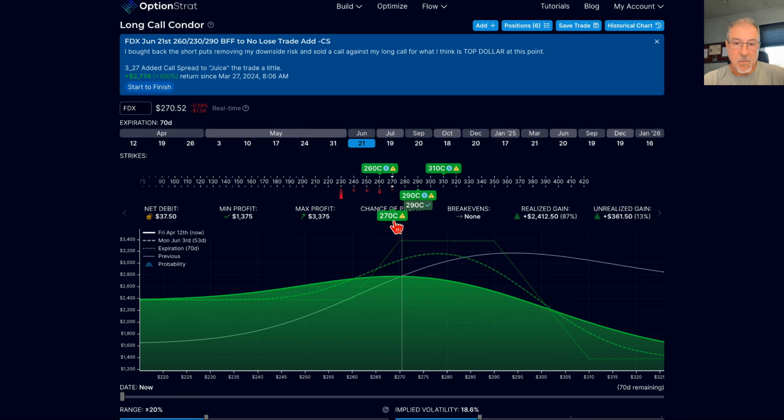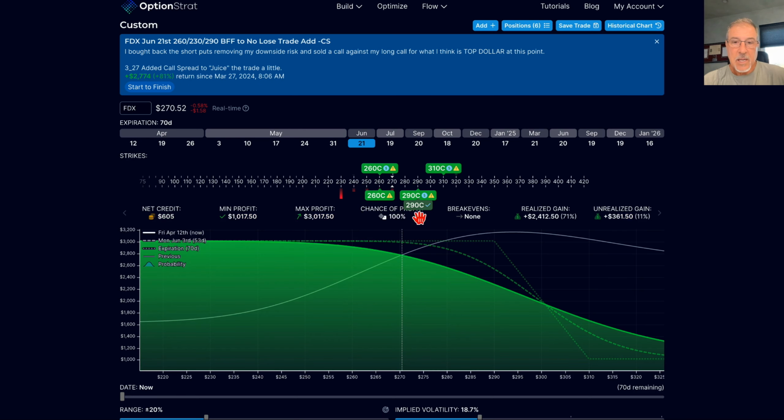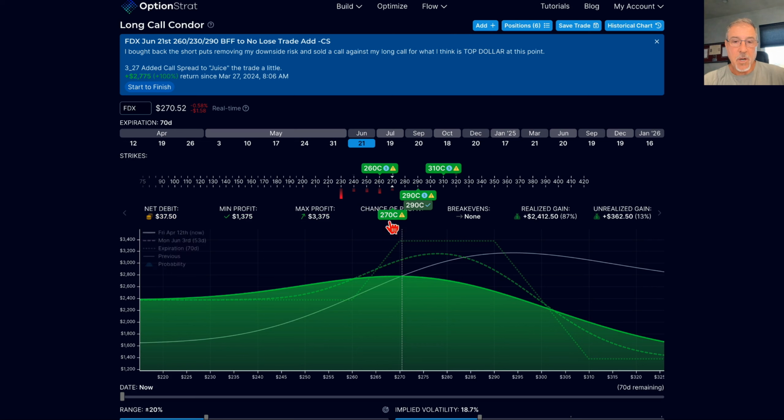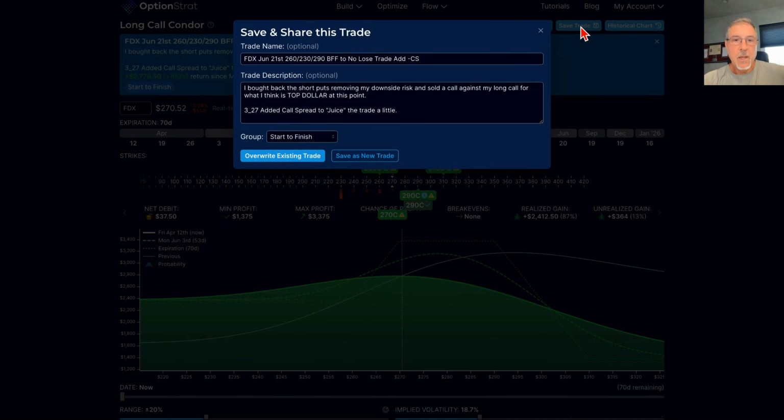I could even go so far as to take out this entire spread here and end up with no downside risk at all. That's another possibility. But again, I'm going to go with this one right here. And let me just save this. And I'll call this fourth adjustment.